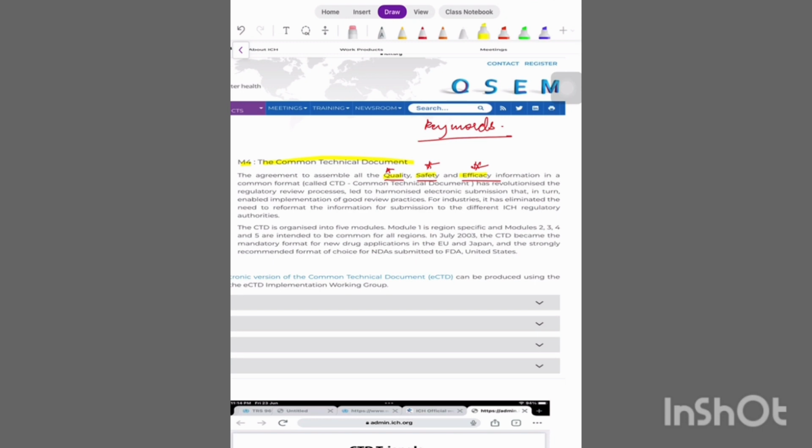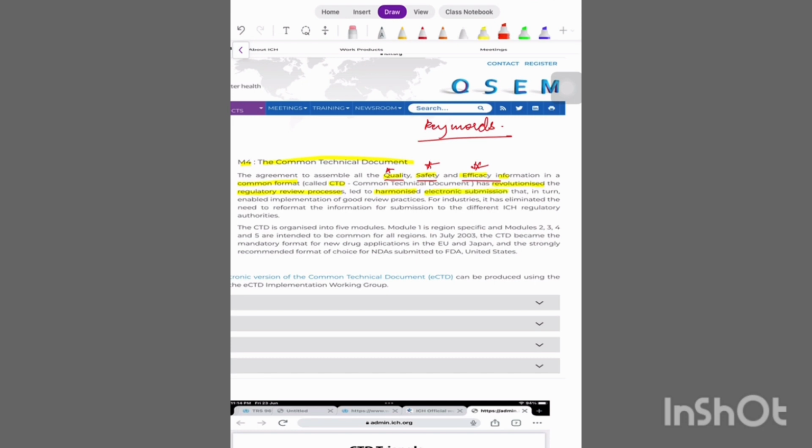The agreement to assemble all the quality, safety and efficacy information in a common format called CTD, that is Common Technical Document, has revolutionized the regulatory review process and led to harmonized electronic submissions.